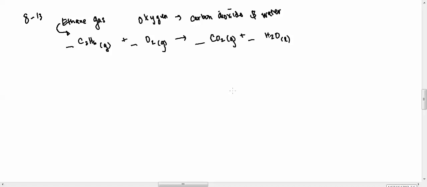And what I always do is I always deal with the oxygen last. So I'm going to deal with the carbon, then the hydrogen, and the oxygen last, and I'm going to use this freaky fraction method that a lot of people don't like, but yet it's probably one of the most powerful tools that you can use.